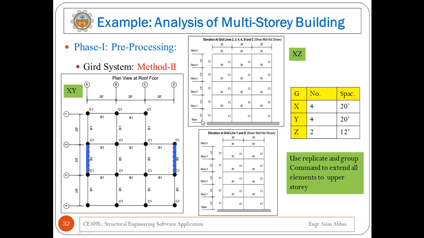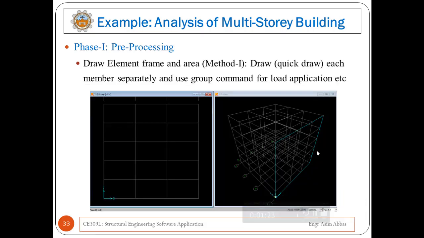In method 2, we only define the grid system for the first story, and we can easily replicate the rest of the stories along the z direction. For the first story, 4 grid lines are required in the x direction, 4 in the y direction, and only 2 in the z direction.